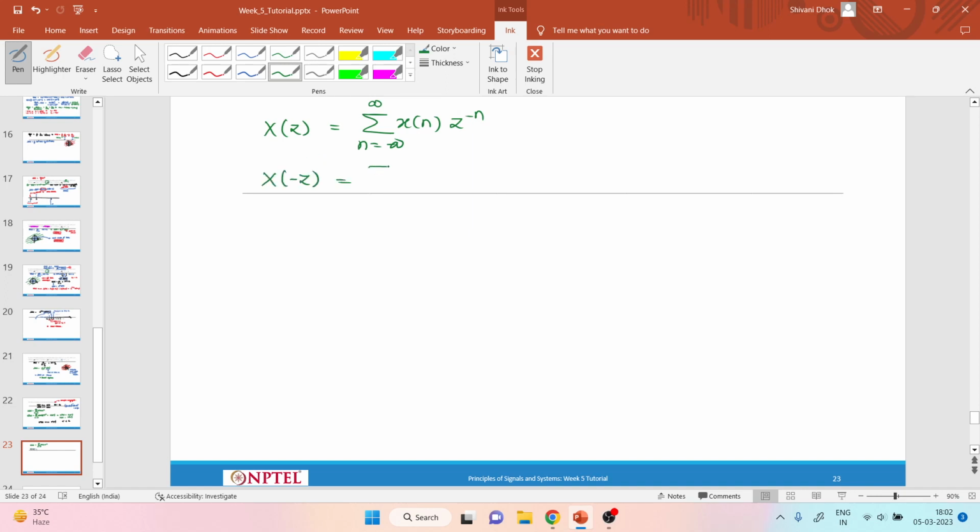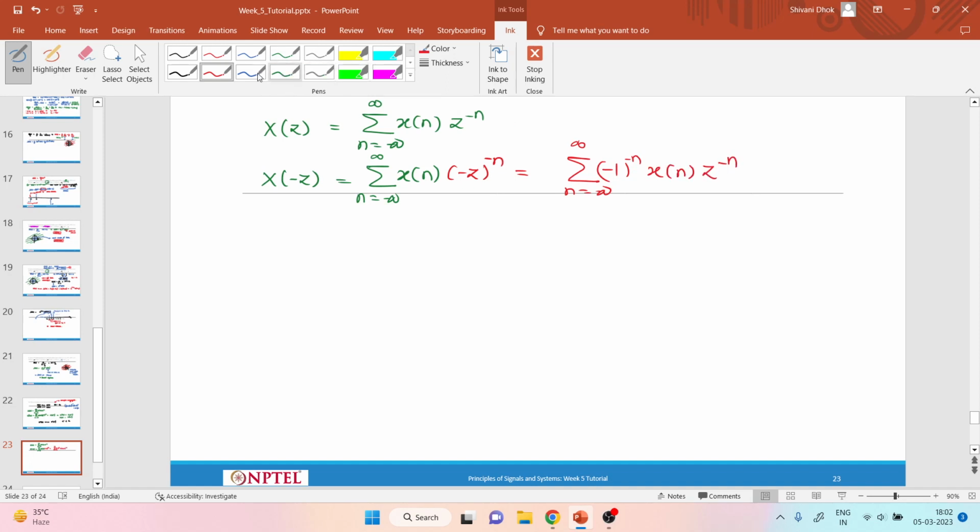So this will be equal to summation n running from minus infinity to infinity x of n, replacing z by minus z, so minus 1 to the power minus n into x of n into z to the power minus n.